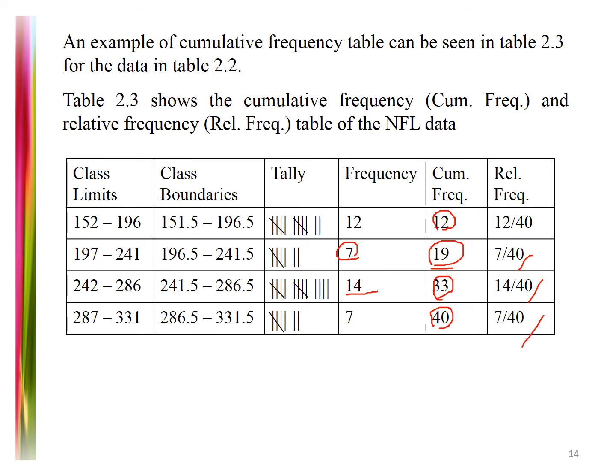In some situations this is useful. For example, if they ask how many players weigh less than 286.5, you can say 33 players weigh less than 286.5. In that situation it is useful to use the cumulative frequency.